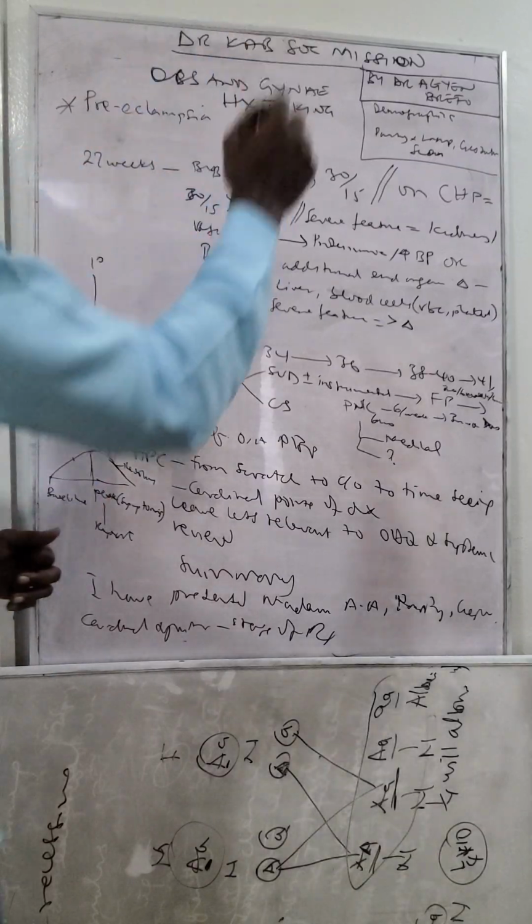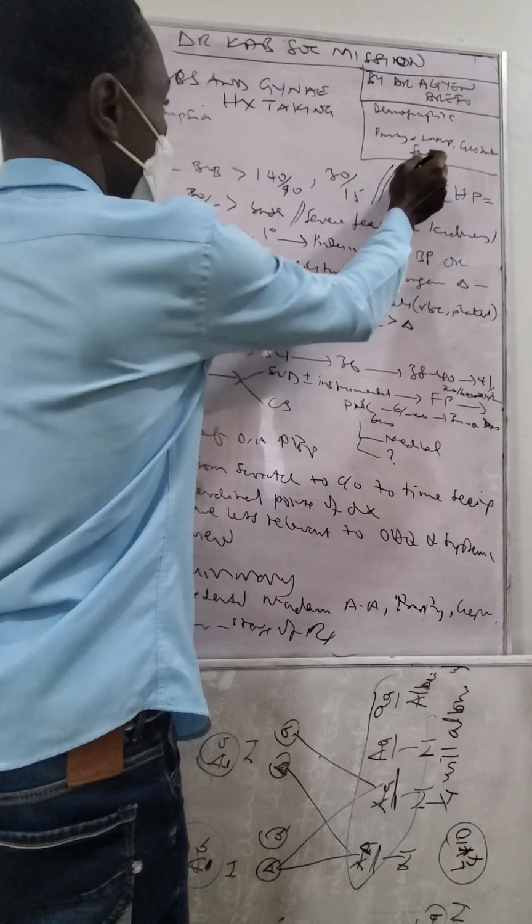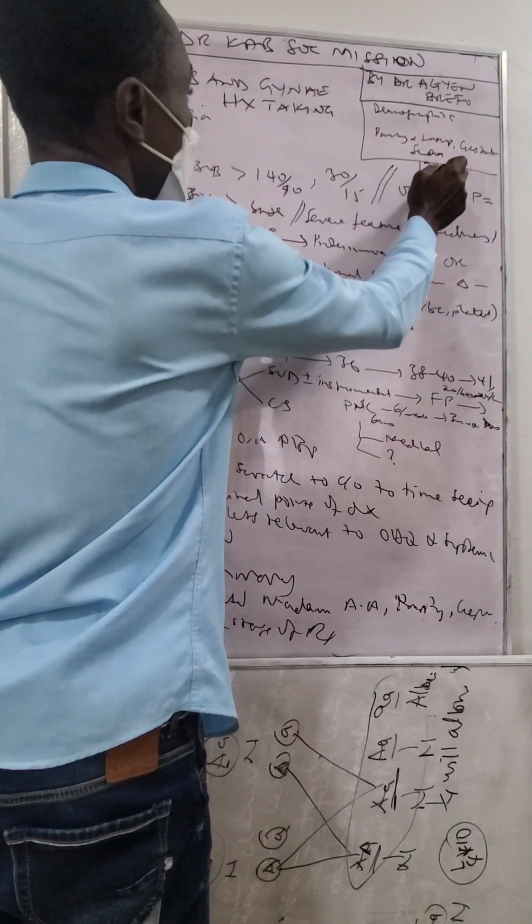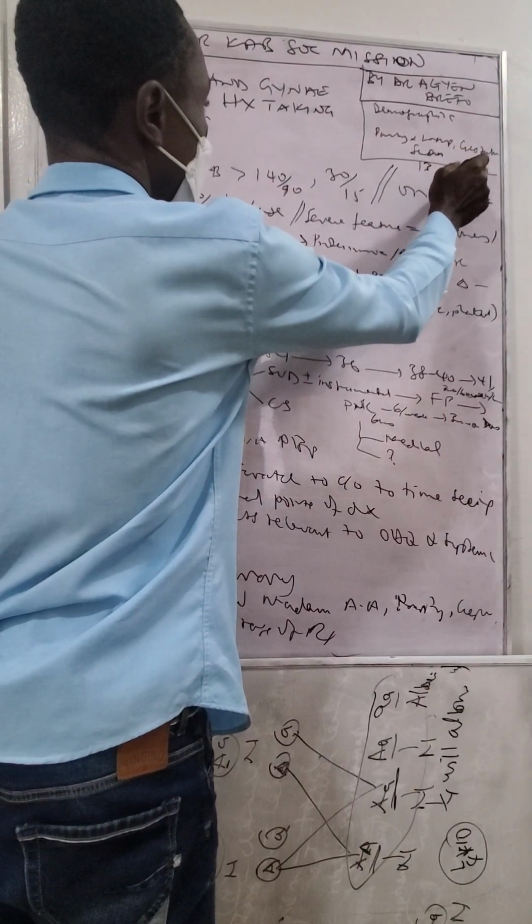Of course, if you are using the LMP, you should be able to tell the first 13 weeks, then the next 13 weeks, and then the end.